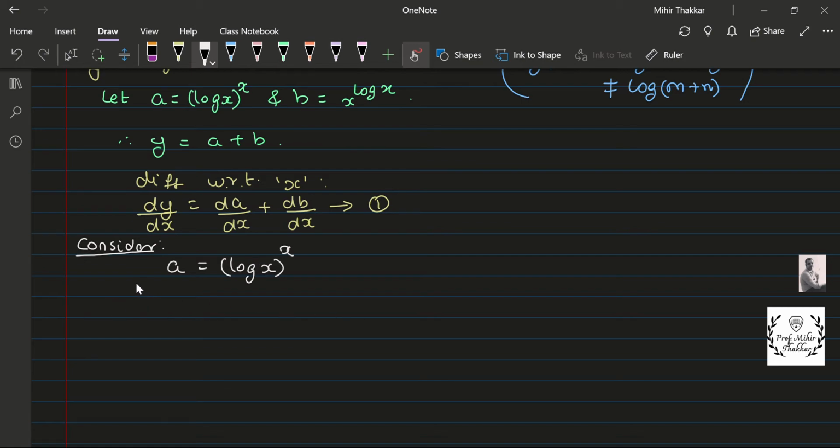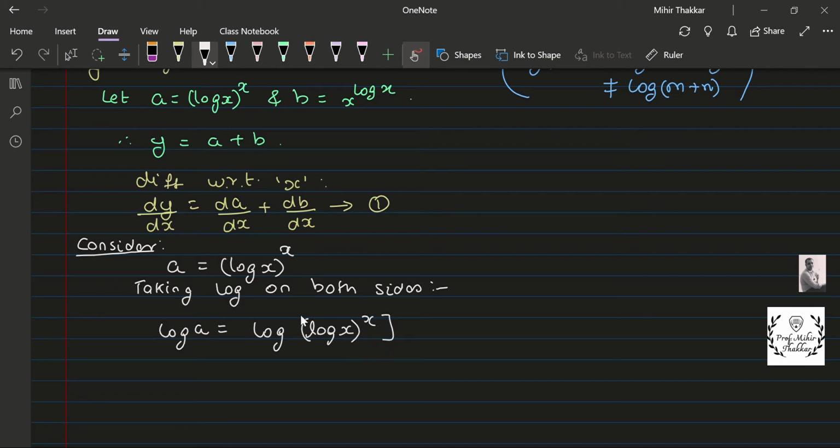So we will say over here, taking log on both sides, log of a is equal to log of log x whole power x. So what happens over here is the power goes in front of the log.